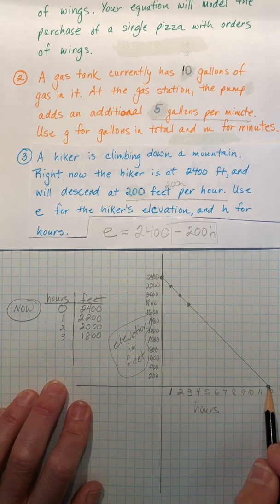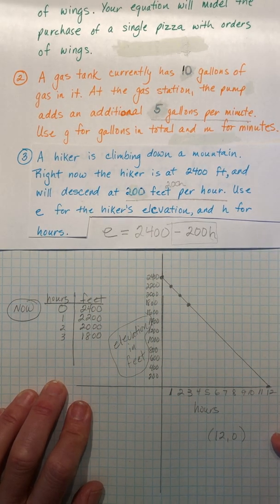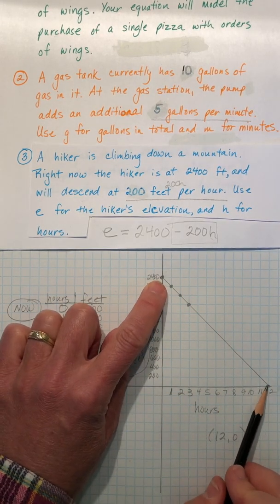This is the point 12, 0. What does that represent? It represents that at 12 hours, the hiker has 0 feet left to climb down. The hiker is at the bottom of the mountain and can go no further. So this graph actually has a starting point and an ending point.